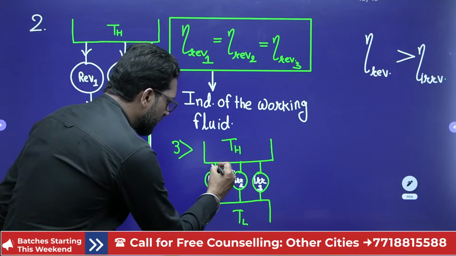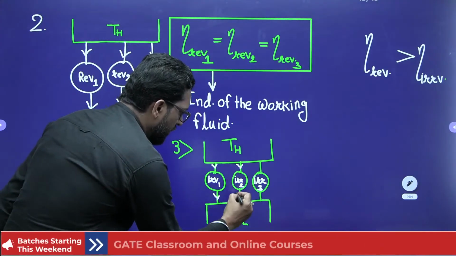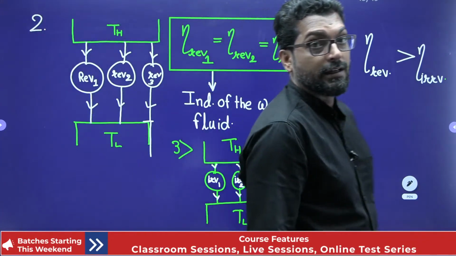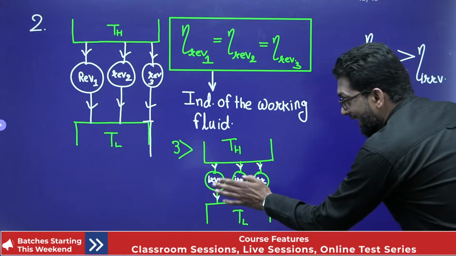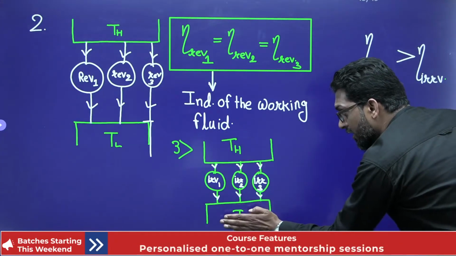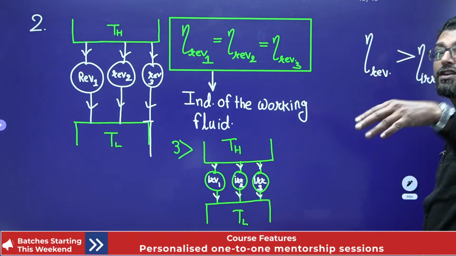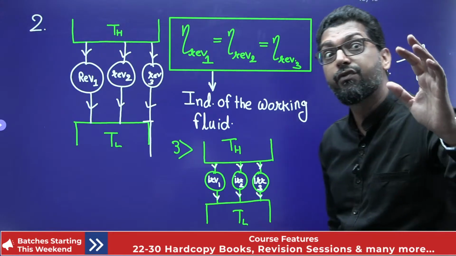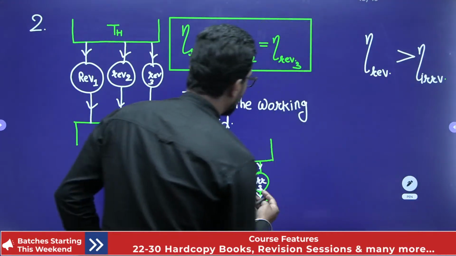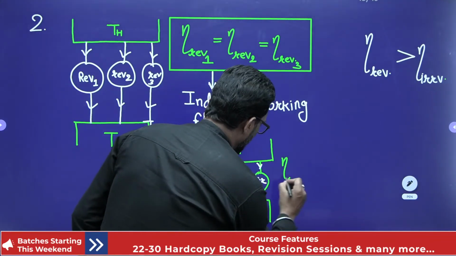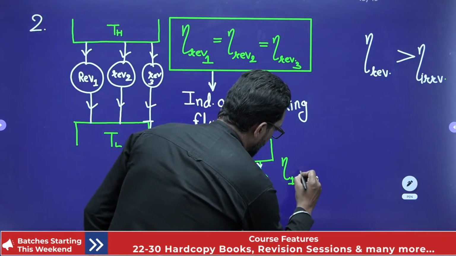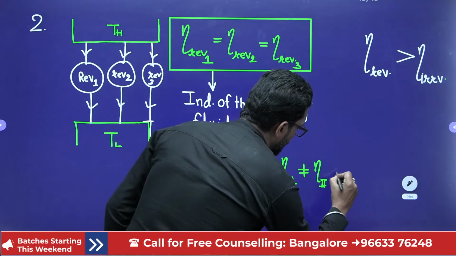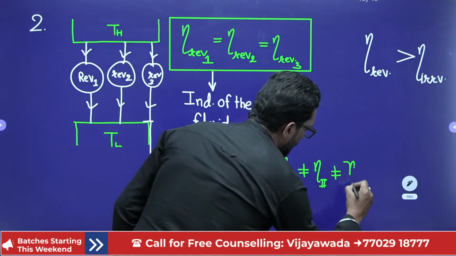All the irreversible cycles have the same temperature limit but are different cycles, so they have different efficiencies. That means the efficiency of irreversible cycle 1 is not equal to the efficiency of irreversible cycle 2, which is not equal to the efficiency of irreversible cycle 3.